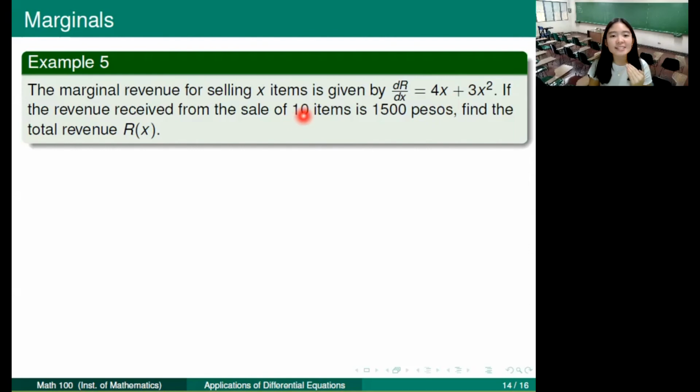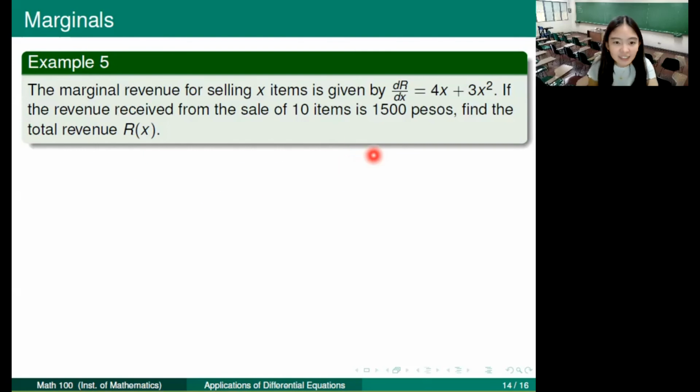Na-subject nga lang siya sa mga initial conditions na dapat yung revenue natin, yung income natin ay 1,500 pesos whenever we produce exactly 10 number of items. So, isa-subject lang natin si DE natin dito with that. We get a particular solution to our DE, and that's precisely the revenue function that we want.